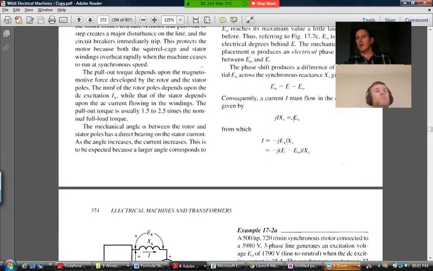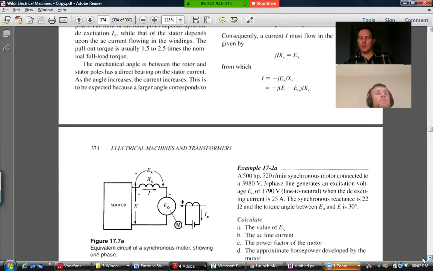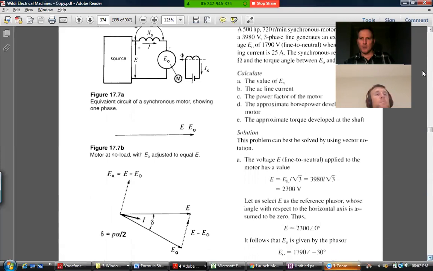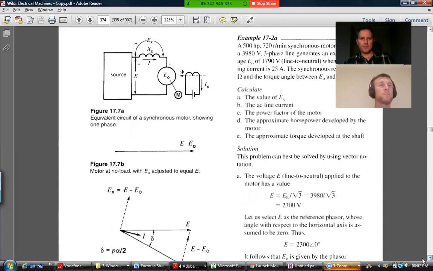And jXI then becomes a voltage. So we've got that relationship directly between the voltage and the current. And so we can construct some phasor diagrams. You guys are quite good at all that sort of stuff, so I'm not going to bore you. You can just have a look through the book in your own time.